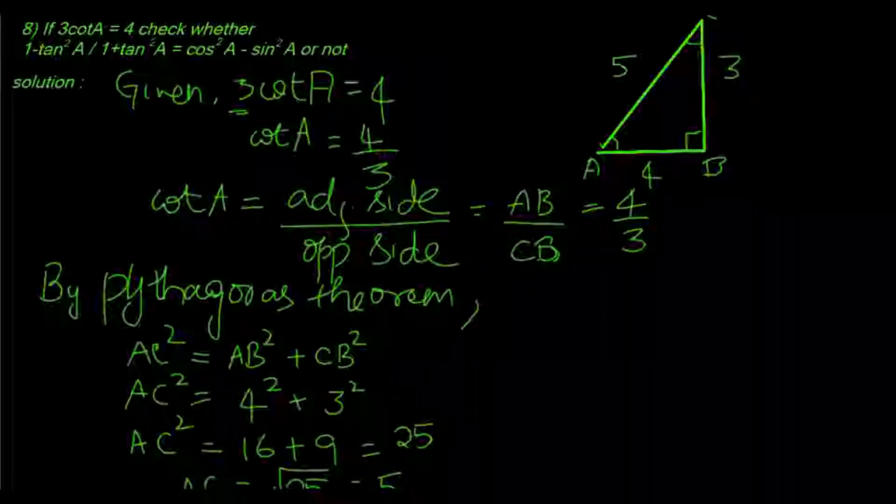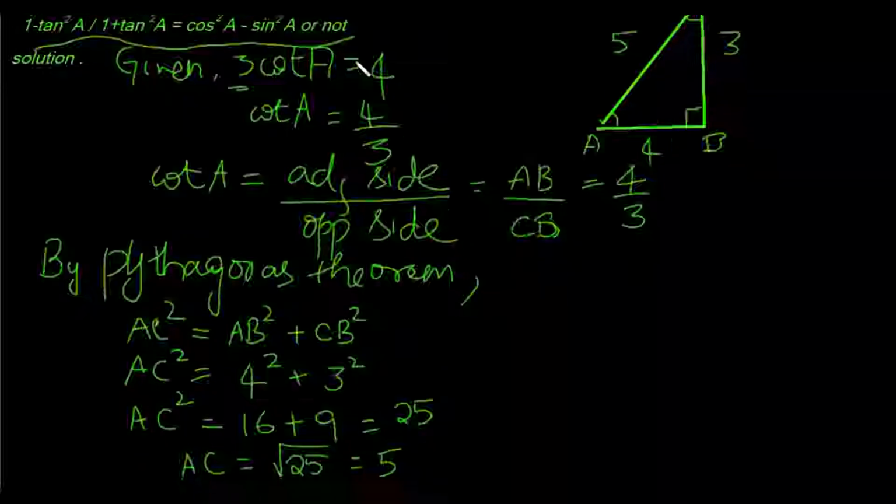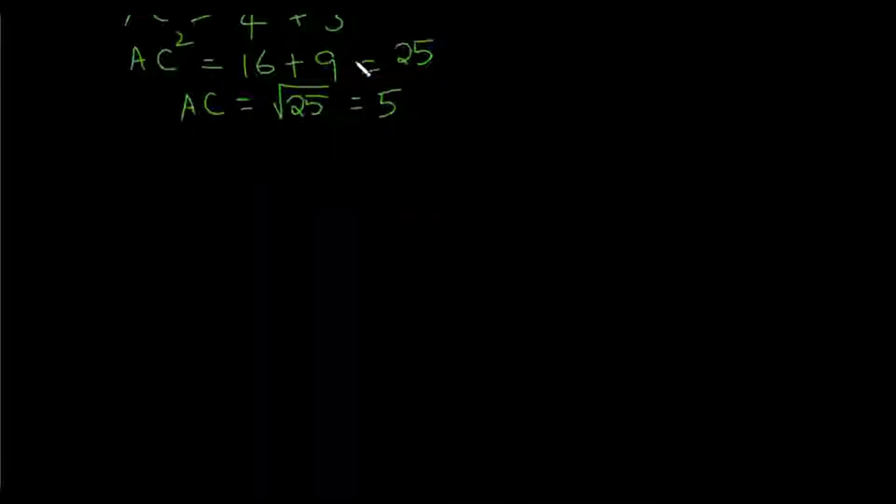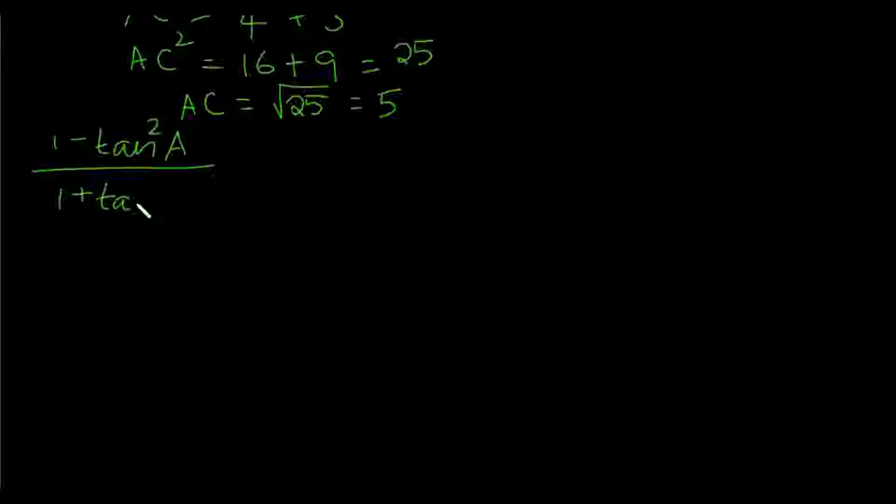The equation is 1 minus tan square A divided by 1 plus tan square A, that's equal to cos square A minus sin square A.